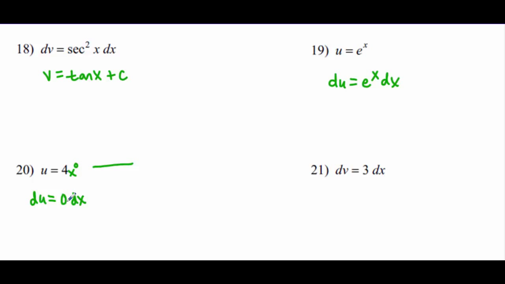You can put dx next to there, or you don't have to, because 0 times dx makes that go away. And then if I take the integral of a number, it doesn't become 0. It does the opposite. We're going to think of this like x to the 0. We add 1 and get x to the first, and then divide by 1. So this is 3x.